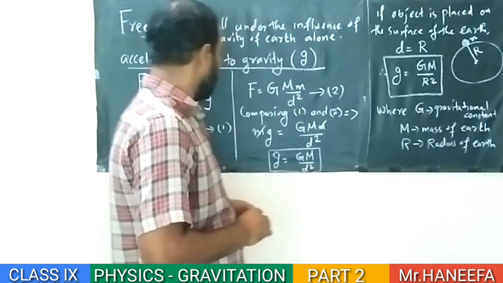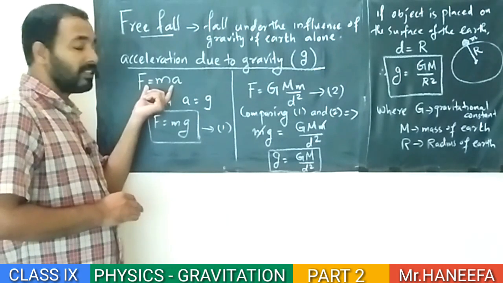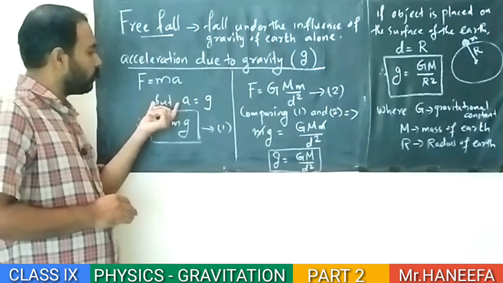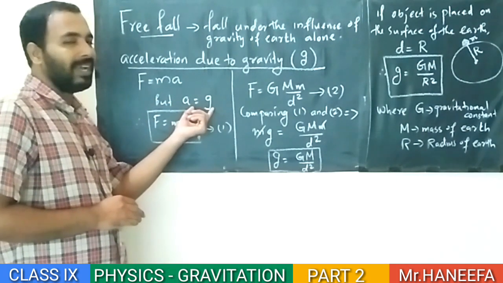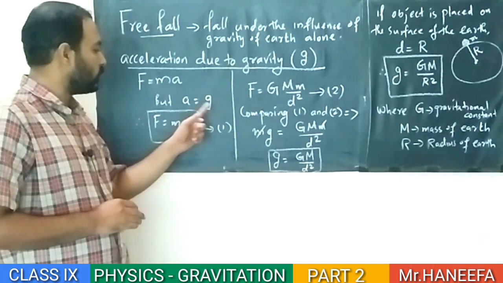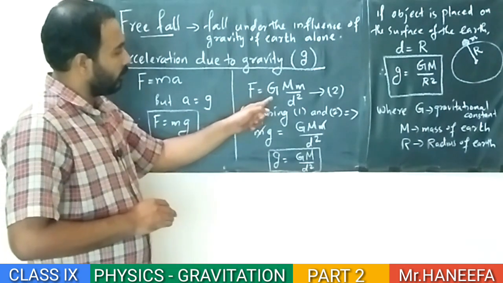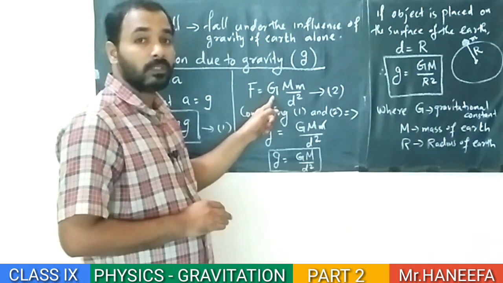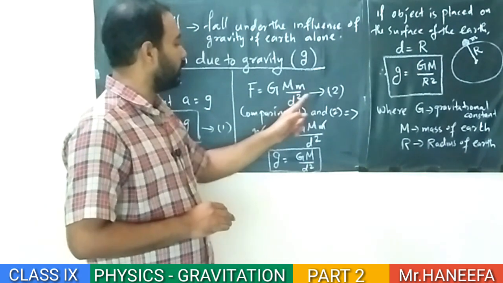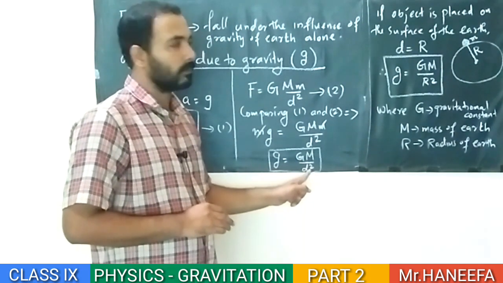Okay, so how can we derive this acceleration due to gravity? From Newton's second law of motion, we get F equal to ma. In the case of free fall, a equal to acceleration due to gravity. So replace a by g. So F equal to mg, equation number 1. Second, by the definition of universal law of gravitation, we get equation number 2. Then comparing equation 1 and 2, we get g equal to GM by d square.